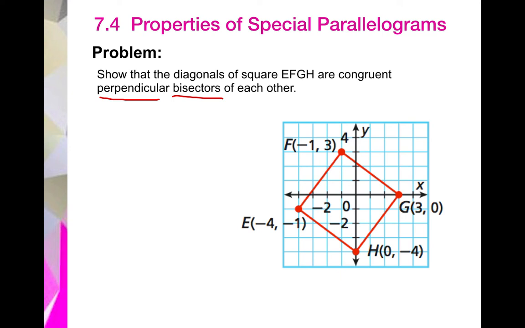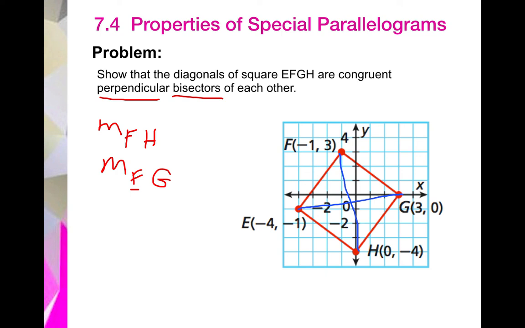The way that we show perpendicular is with slope. The slopes we want are the slope from F to H and the slope from E to G. If we draw a line from here to here, and then a slope from here to here, we could show that they're perpendicular to each other.